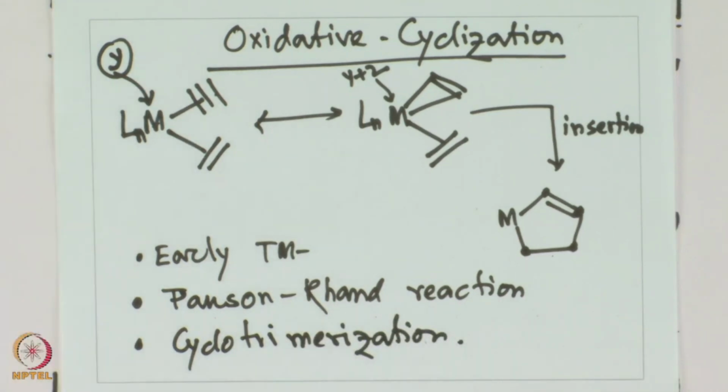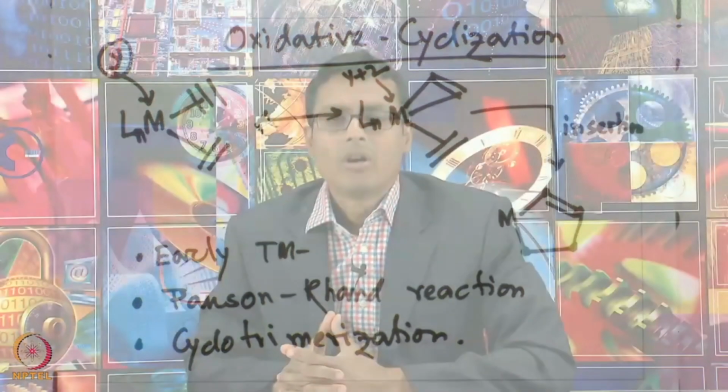Essentially, this method gives rise to a situation where early transition metals are used to couple two or more unsaturated units together to form new carbon-carbon bonds. It often gives rise to cyclic compound formation, which otherwise from these easily available chemicals would not have been possible.